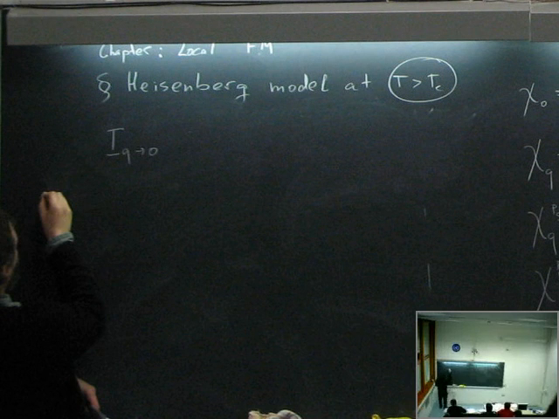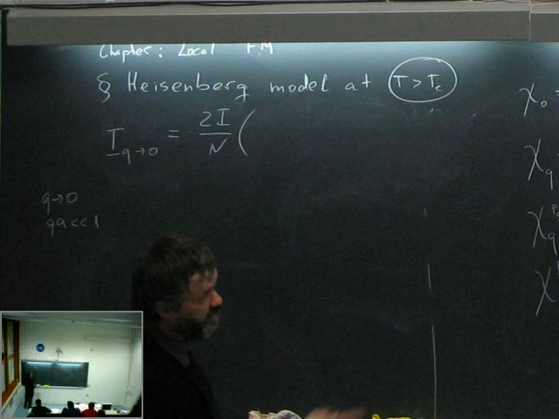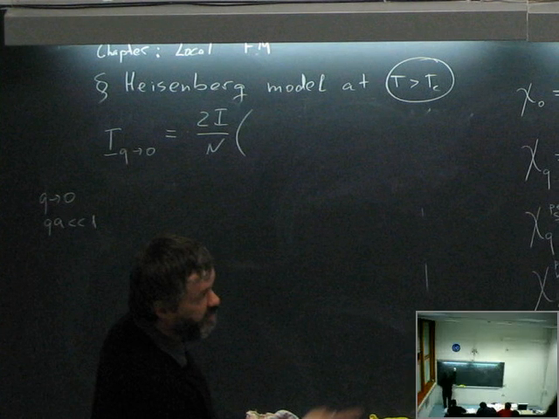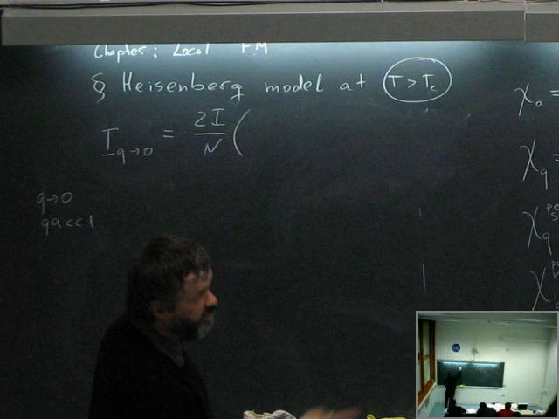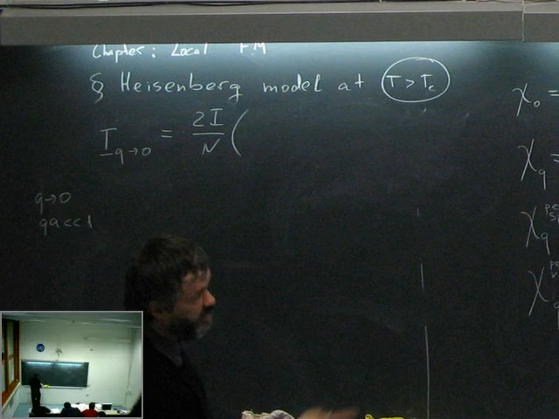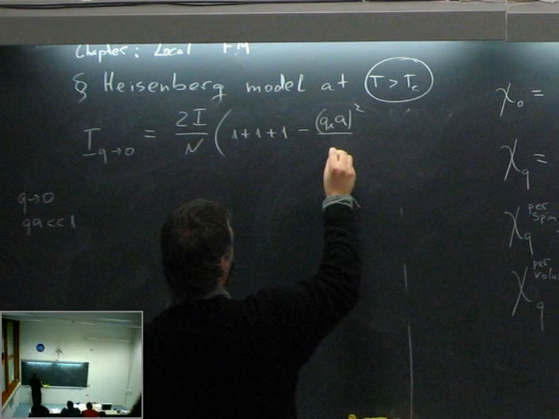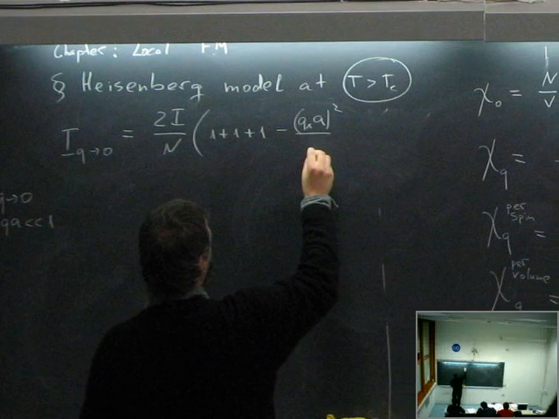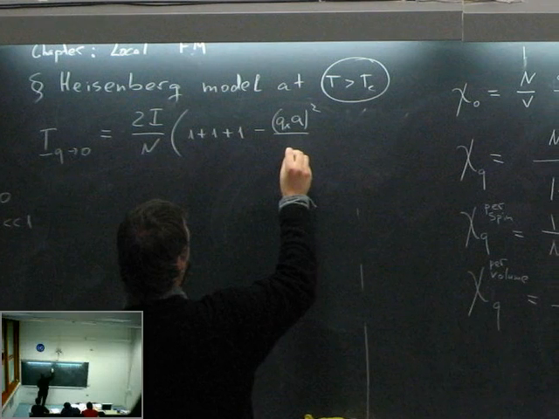So if we do it, we write 2I over n. Here, each cosine will give us 1. So it's 1 plus 1 plus 1 minus q x a squared over 2, minus q y a squared over 2, minus q z a squared over 2.